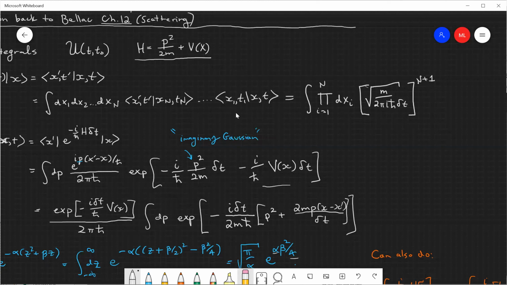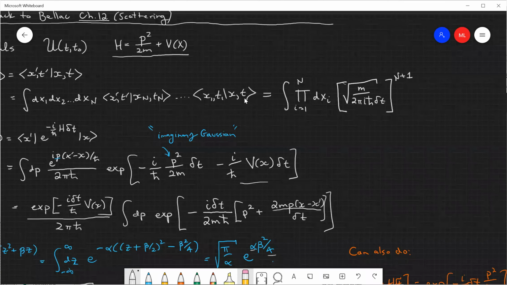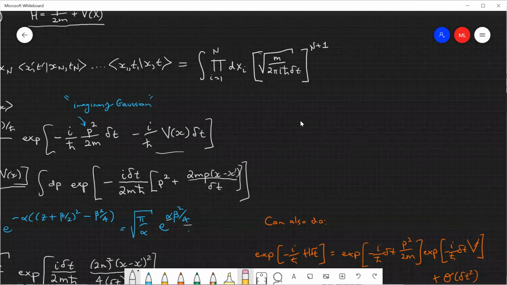So there's n plus 1 propagators. If there's n of these completeness relations, they get sandwiched between the two states, so you pick up an extra propagator. Hopefully you can see that as just simple counting of the number of these inner products. There's n plus 1 of them.